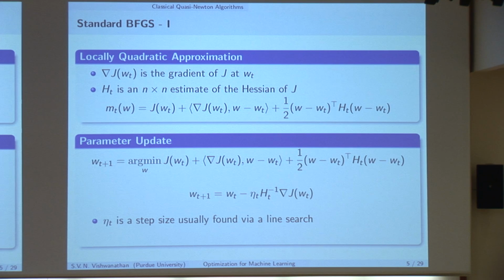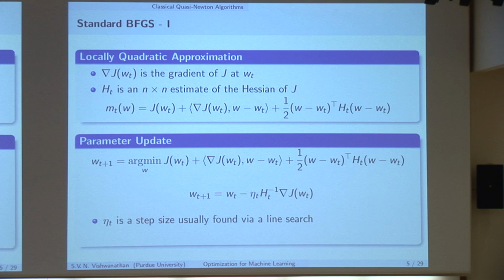Why would you do that? Any guesses? It's very expensive to compute the Hessian, right. If you have a d-dimensional optimization problem, every time you have to spend d squared effort to compute the Hessian. If d is very large, which is typically the case in machine learning, for instance if you are dealing with RCV1, you have 50,000 dimensions, you cannot even store a 50,000 by 50,000 matrix in your machine.